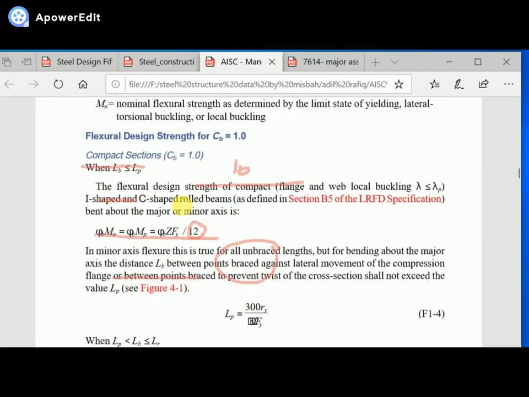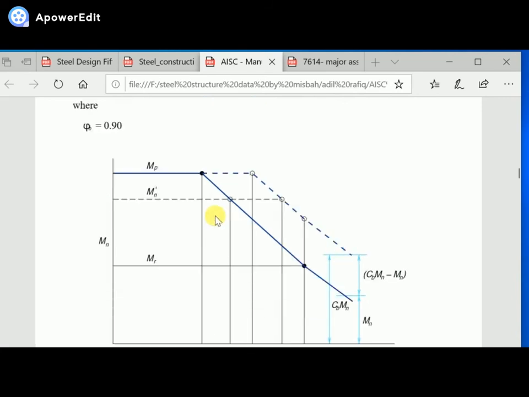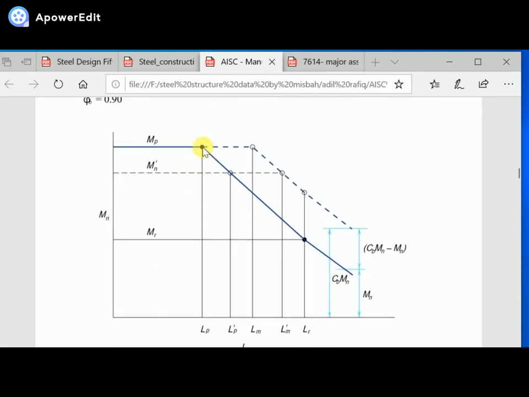Now you must remember it, and you must note the difference between these two zones. When the second condition exists, the strength will be less than MP, okay, in this zone, because the first is the plastic zone. So somewhere here, in this zone, the strength will be less than that, clear.